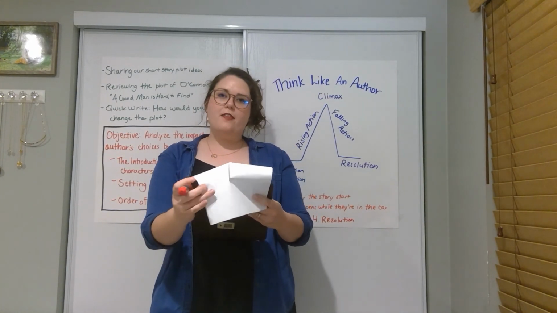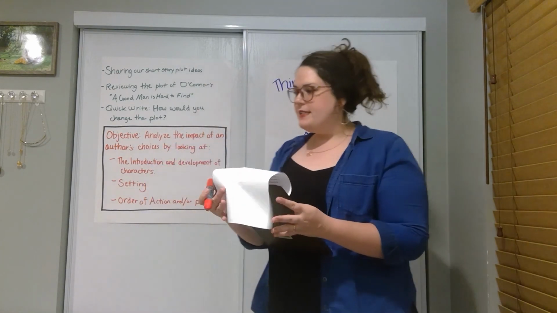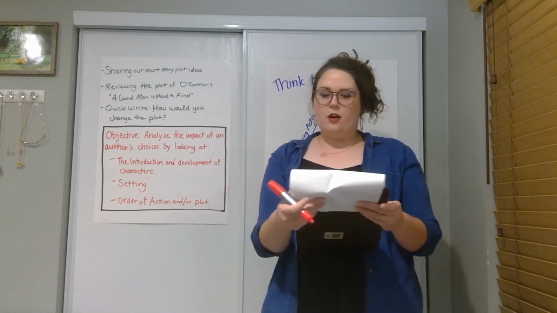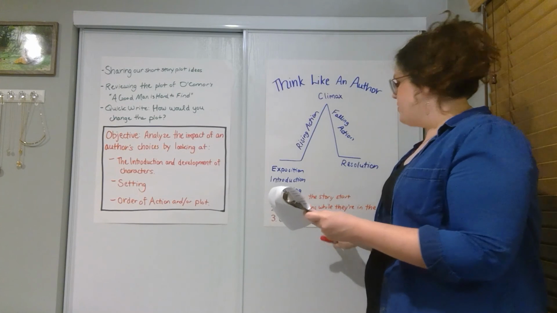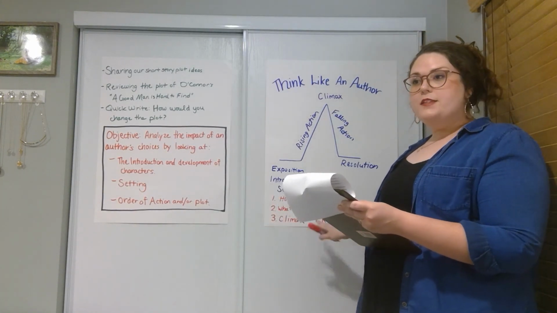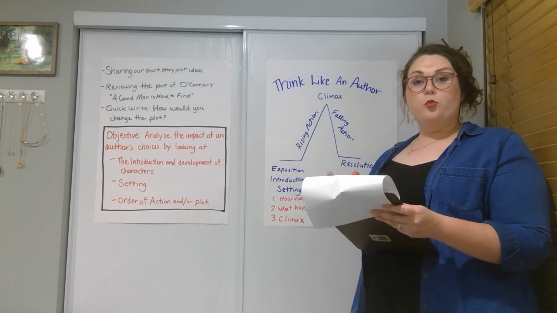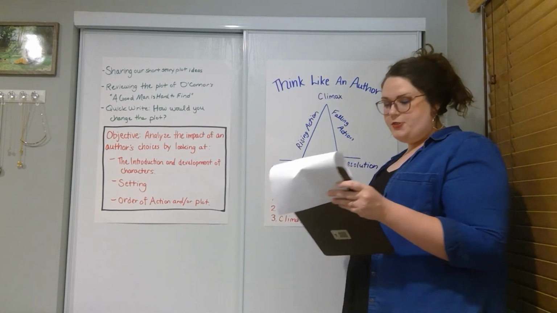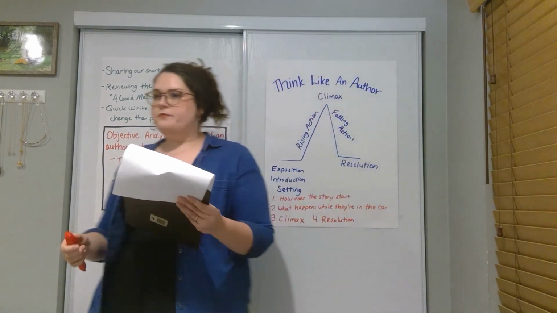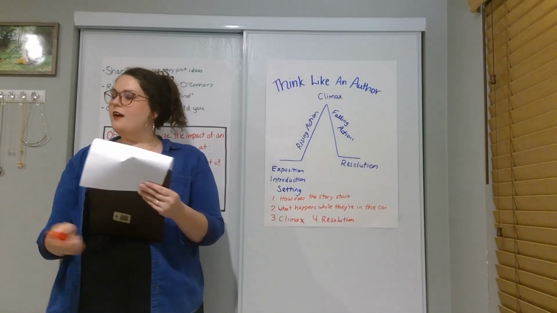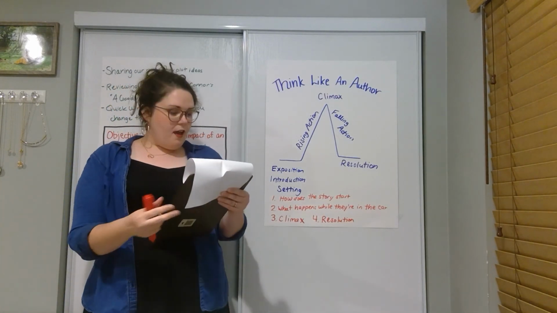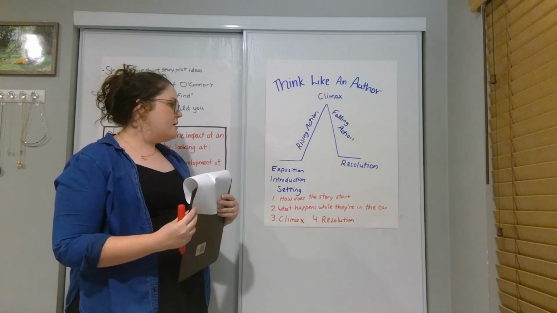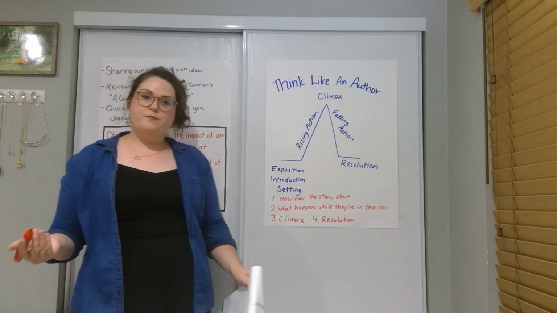All right, so now that we've come back together, we've discussed our different questions. Let's go ahead and start with group 1 and discuss, how does the story start? Yeah, so the story starts, the family is going on a trip, right?